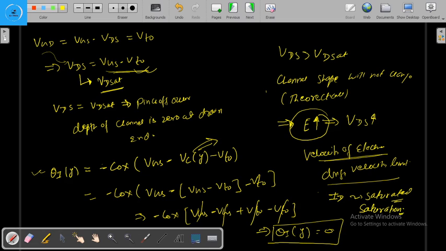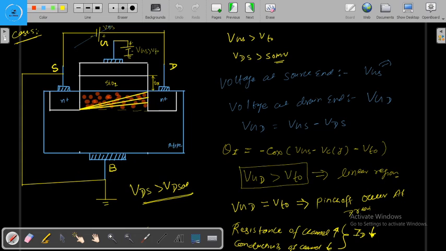When the VDS is greater than VD set, this region of the operation is called the saturation region. And what was this region earlier? This region was the linear region.